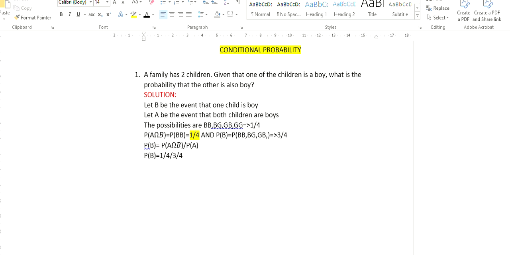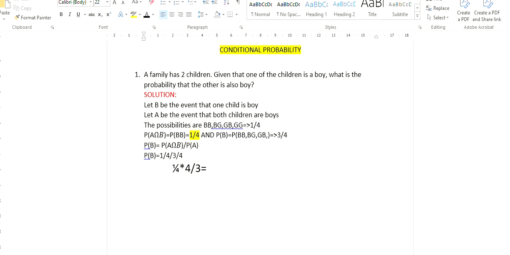When you solve this, taking the reciprocal, 1 by 4 becomes 1 by 4 into 4 by 3. So the 4 gets cancelled, equal to 1 by 3.